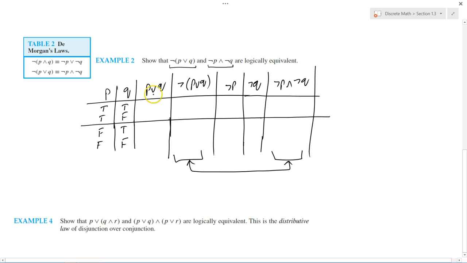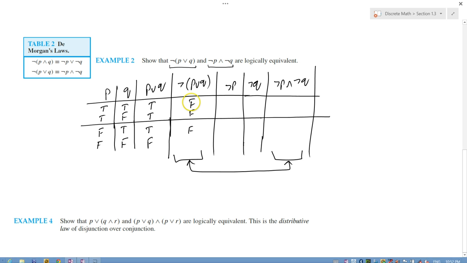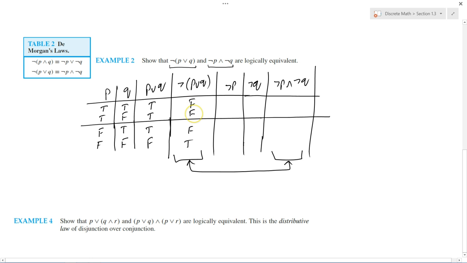P or Q will give us true, true, true, false. If you recall, this is the truth table for the OR operator. True or true is true, true or false is true, false or true is true, false or false is false. So the negation of that would be false, false, false, true. Now let's calculate the not P column.